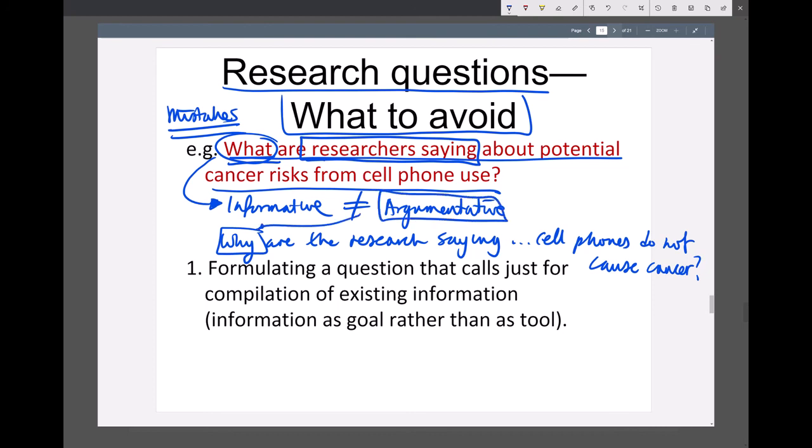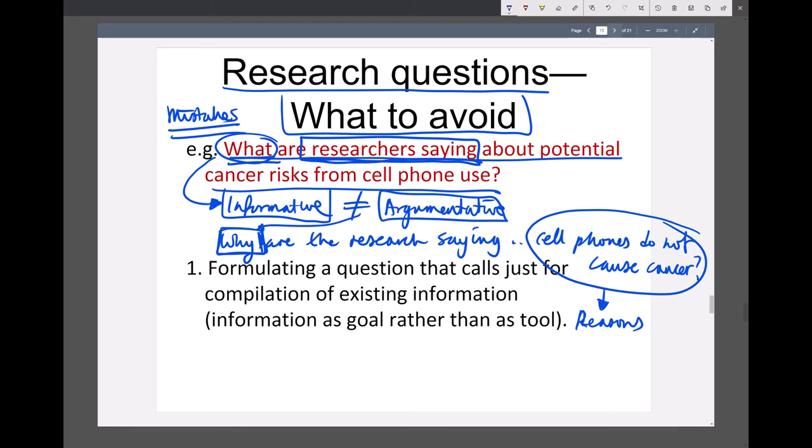It begins by looking at what researchers are saying. So I read about what researchers are saying, and I find, for example, they're saying that cell phones do not cause cancer. My question is, well, why are they saying that? So then I might have to find evidence to support the reasons. Maybe they did their research.